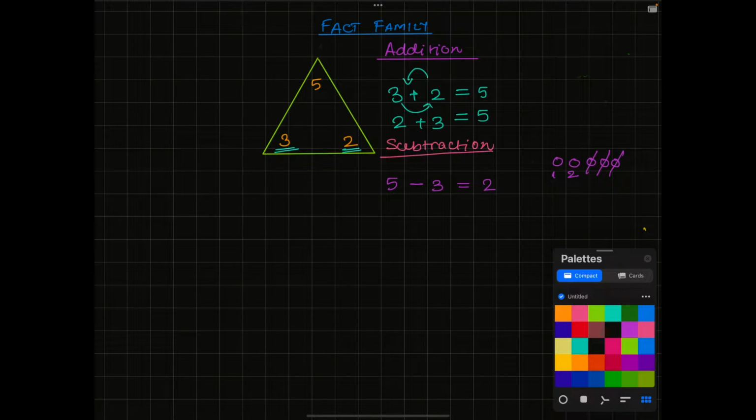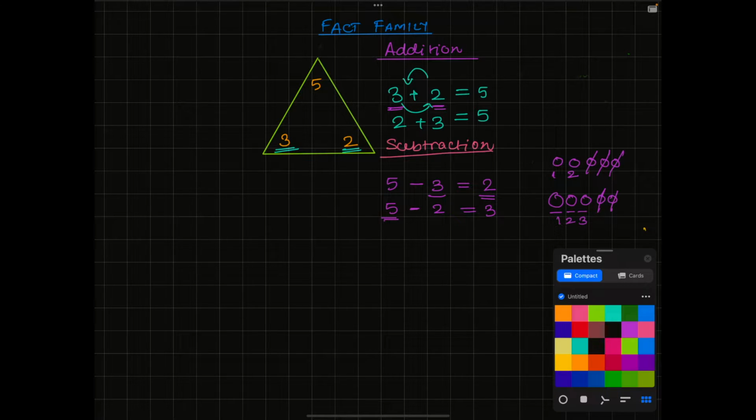Now, just as in addition we interchange the places of the addends, in this case the 5 will remain in the same place. 5 is not going to change its place, but these two numbers are going to change their places. So 5 take away 2. Let's see, 1, 2, 3, 4, and 5, and we are going to strike out 2, and the remaining numbers are the answer: 1, 2, and 3.